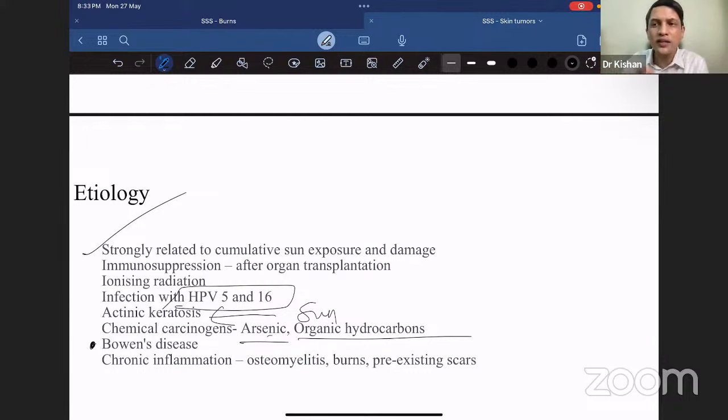If it occurs in the glans penis, what is that called? If the same Bowen's disease occurs in the glans penis, what is it called? Come on.